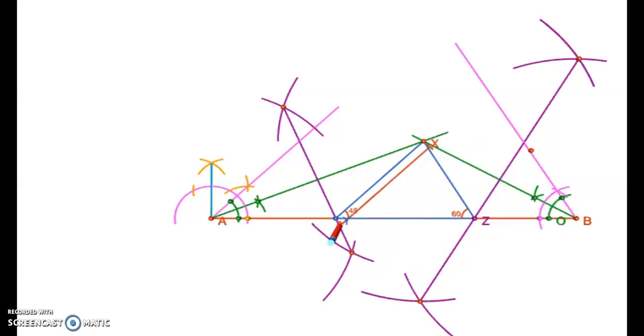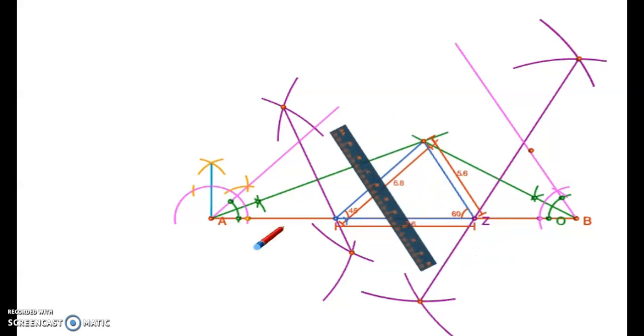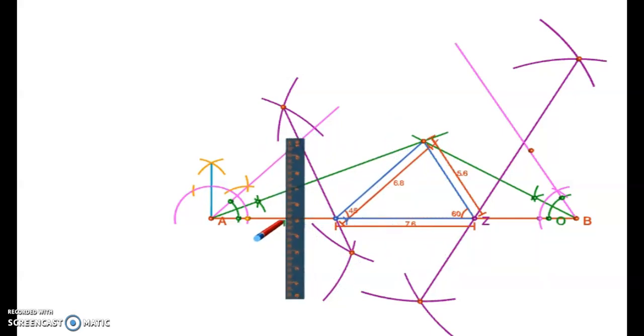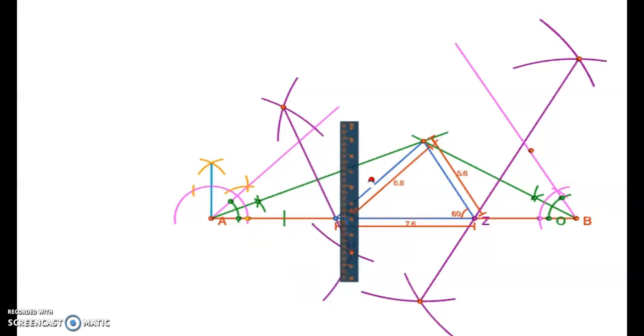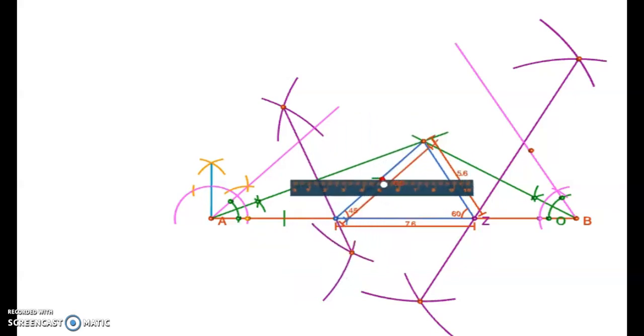And let us measure this length. XY is 6.8 centimeters. XZ is 5.6 centimeters. And YZ is 7.6. If we add up all these, we are getting, yes, 6.8 plus 5.6 plus 7.6 is 20 centimeters.